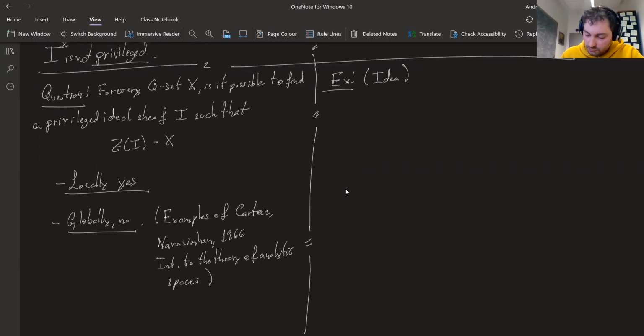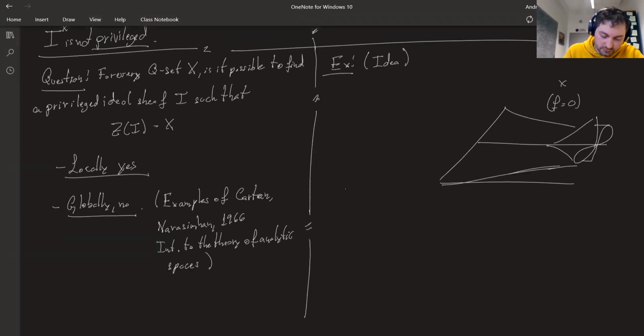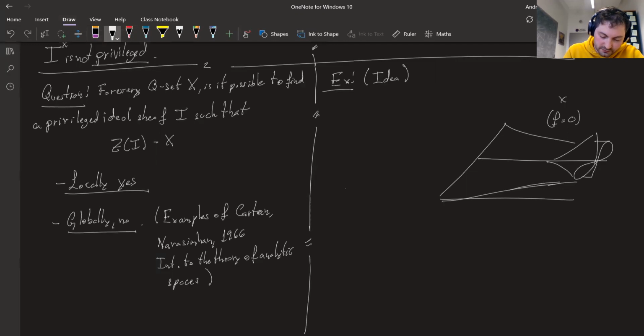So the idea is to glue the example of Bierstone and Milman. So we'll do again the drawing. So we have this Y here, and we have the part that becomes smooth later on. We're going to glue this example coming from Bierstone and Milman with another chart. I wanted to use colors.